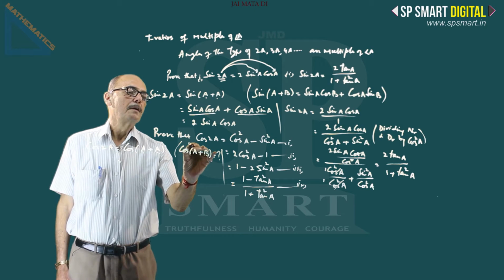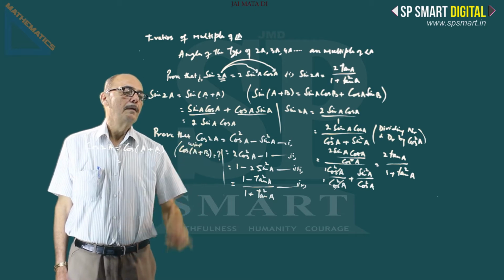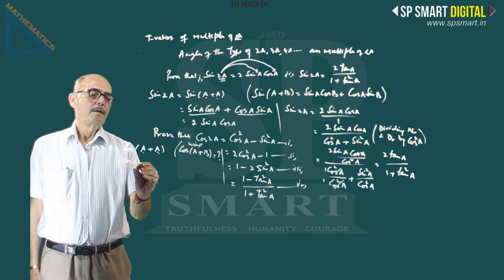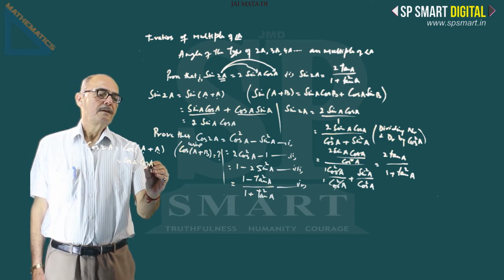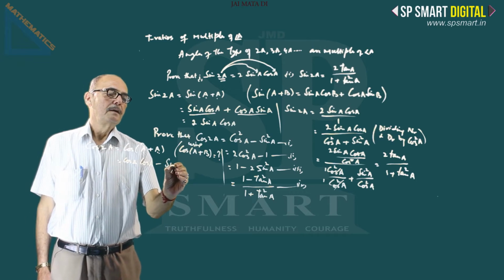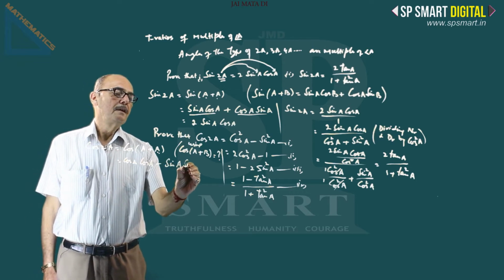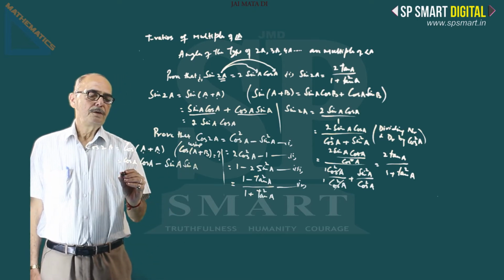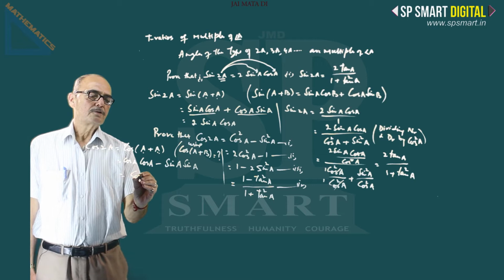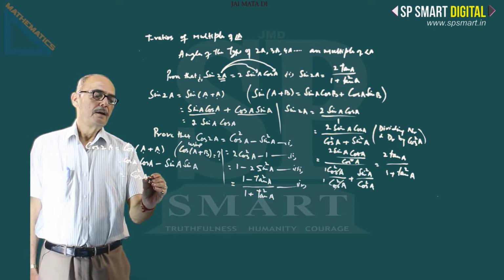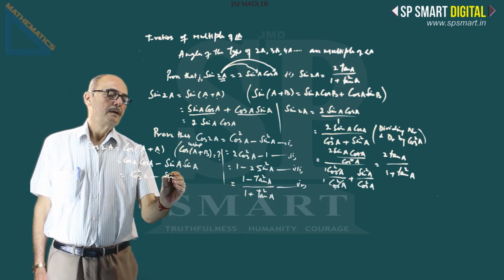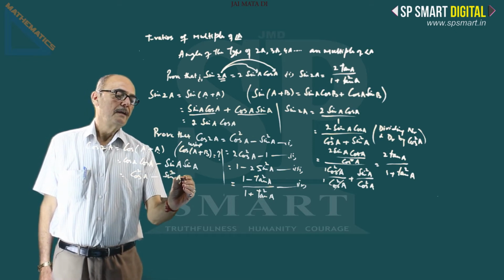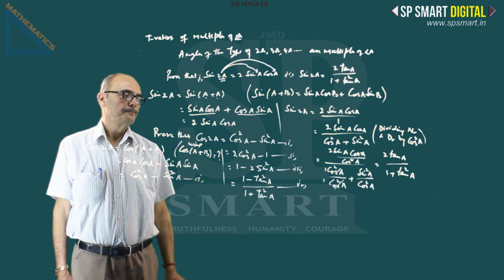Use this. This is cos of the first angle, cos of the second angle minus sin of the first angle, sin of the second angle. This cos A and cos A will make cos square A minus sin square A. This is your first formula.